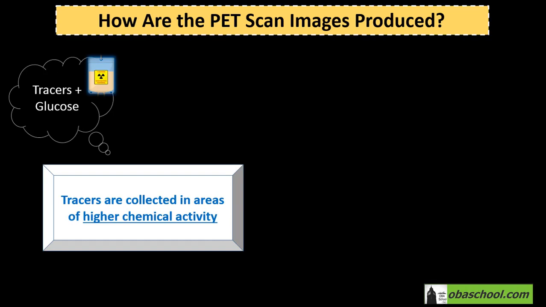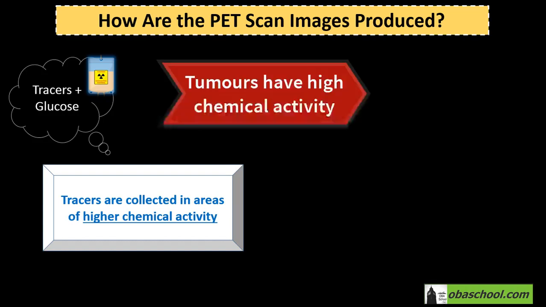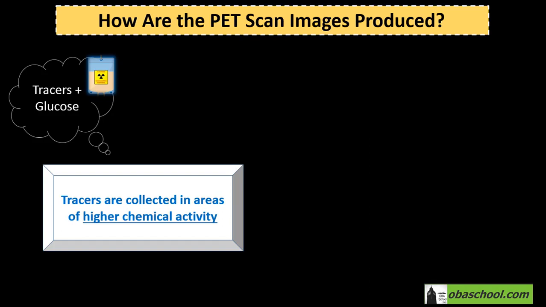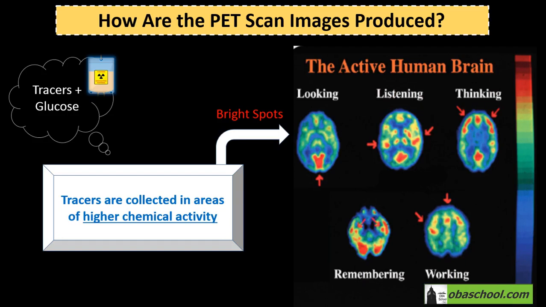Thus, this is helpful because any disease such as tumors has a higher level of chemical activity. Then, these areas will be shown in bright spots, as you can see, indicating a higher chemical activity.